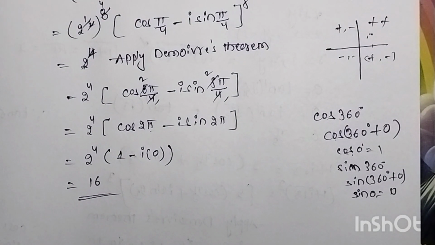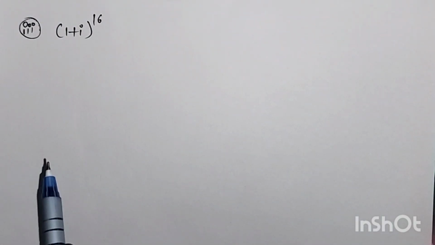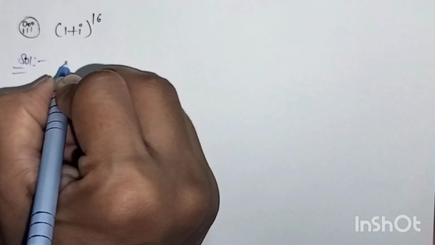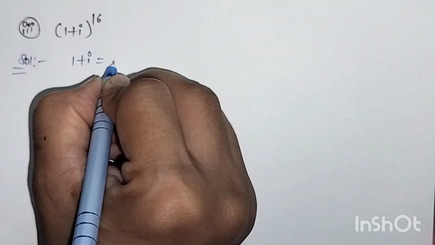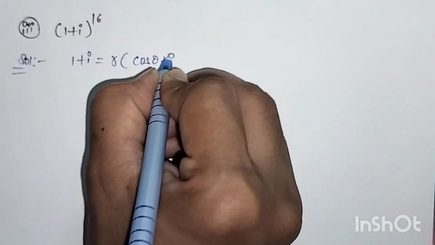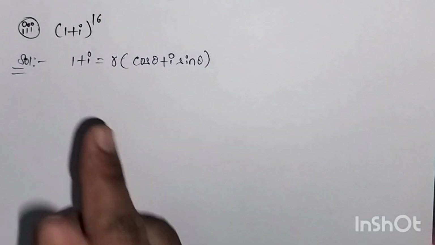See the third one. Third problem, 1 plus i whole to the power 16. Solution: 1 plus i equals r of cos theta plus i sin theta. Same modulus amplitude formula.